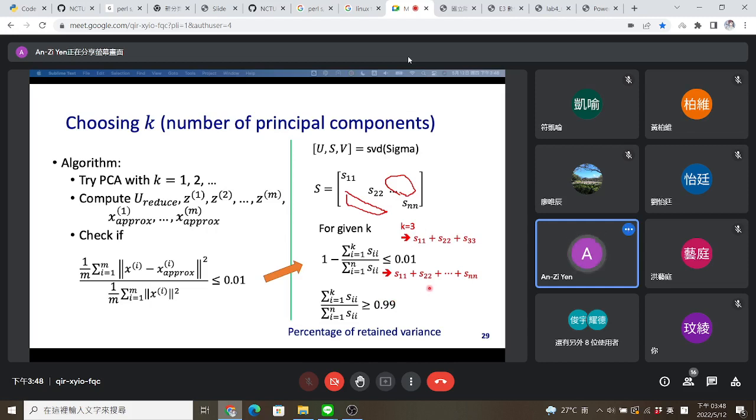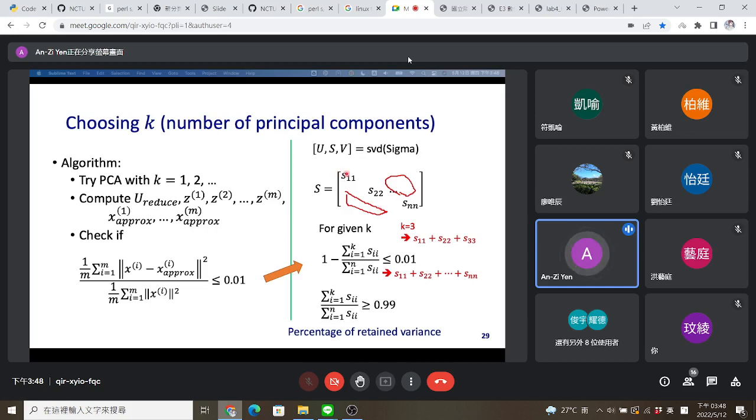So we can just call the SVD function, and it will give us the S matrix, or you can call eigenvalues, and we don't need to call the SVD function again and again. We just code it once and we will get this S matrix.